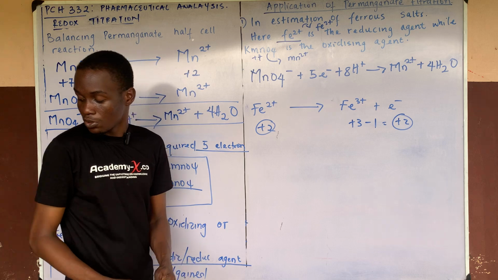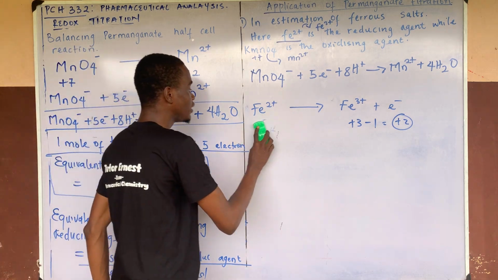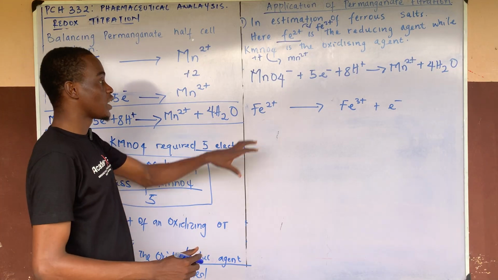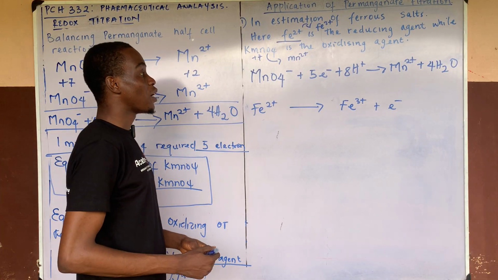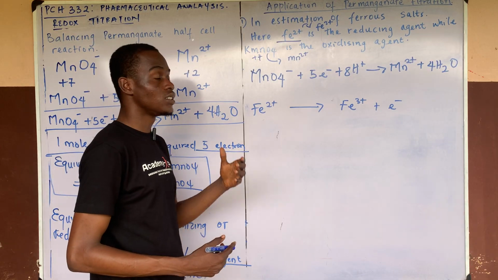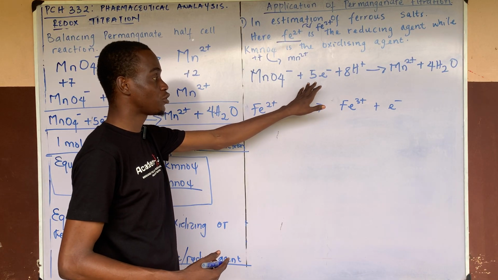So we have to join these together, and to do so we are going to cross multiply with their electrons.